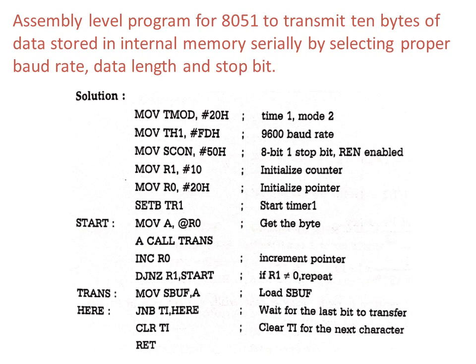If it sets, it is nothing but transmission is completed, then clears TI and returns back to ACALL TRANS itself. Then again it increments, and this particular operation continues till R1 becomes 0. So that means around 10 loops take place. So after 10 iterations, 10 bytes of data starting from 20h onwards will be transmitted serially.